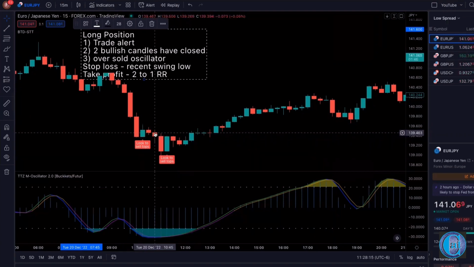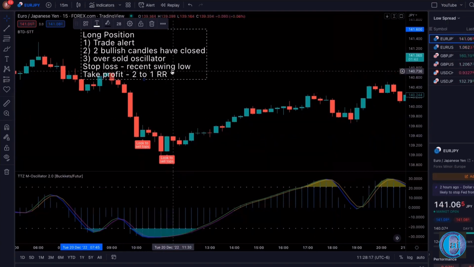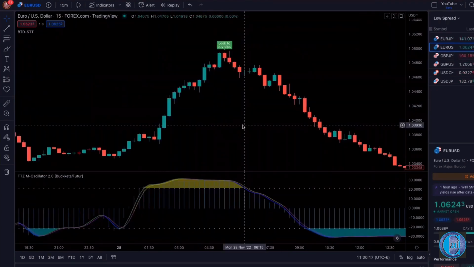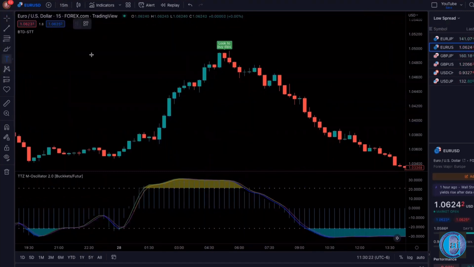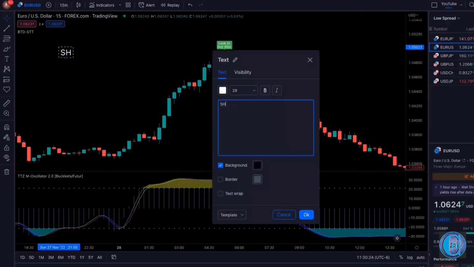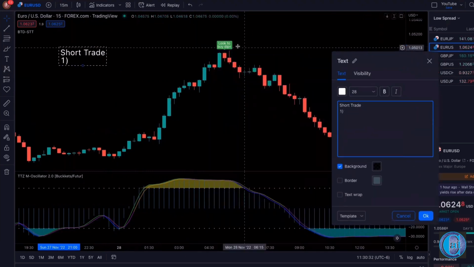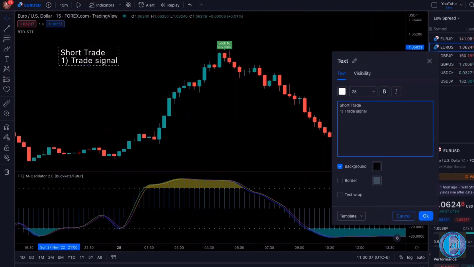So now let's take a look at a short trade. All right, so here's an example of a sell trade to go short. Let's pull up the chart. Let's pull up the notes again. Short trade. You get your signal right here. Now you need 2 bearish candles to close.